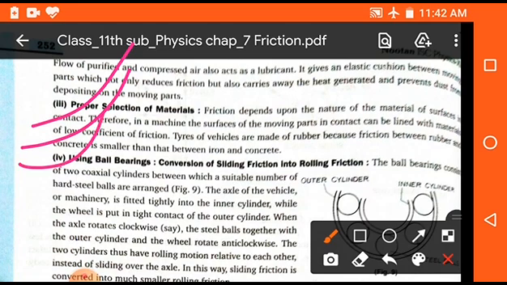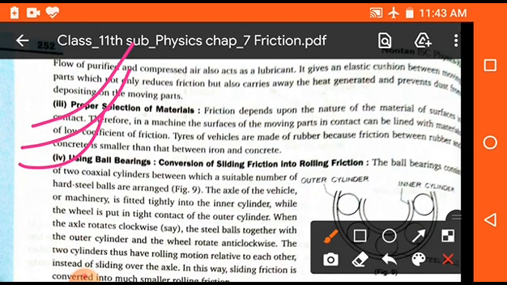Next one is using ball bearings, the conversion of sliding friction into rolling friction. The ball bearing consists of two coaxial cylinders between which a suitable number of hard steel balls are arranged. The axle of the vehicle or machinery is fitted tightly into the inner cylinder while the wheel is put in tight contact with the outer cylinder.